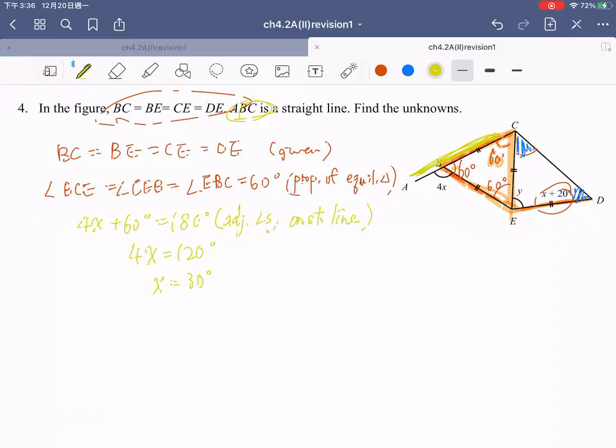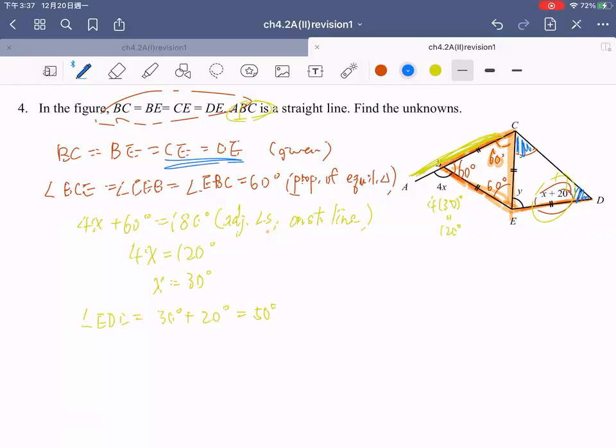Then we have this one, which gives you 120 here. Okay, and because this one is like this, so we can have angle EDC is 30 plus 20 gives you 50 degrees. It's flat, so you don't need to write any reason. So after this, you can state that because you have already stated here, this is an isosceles triangle.